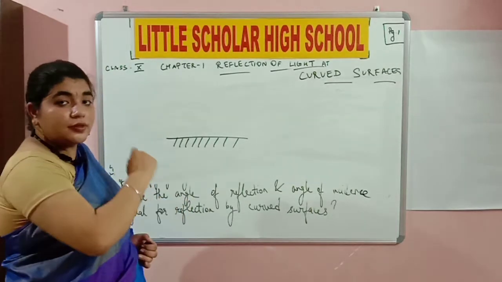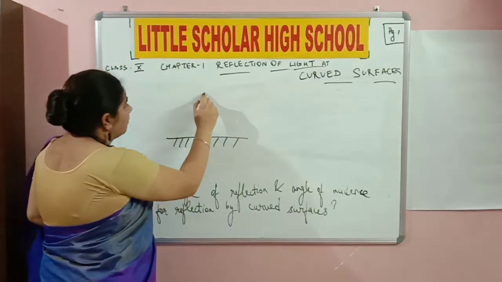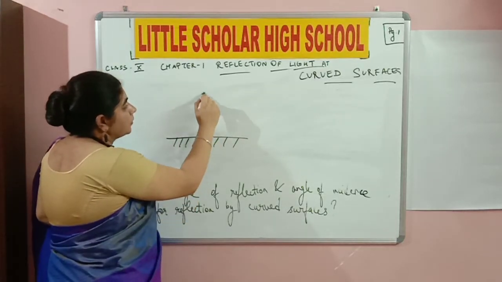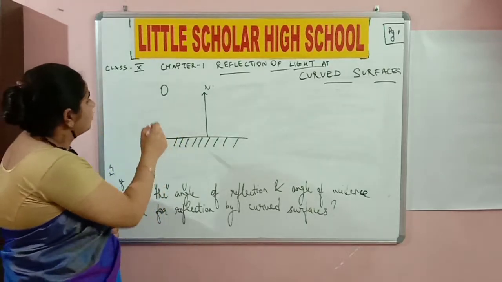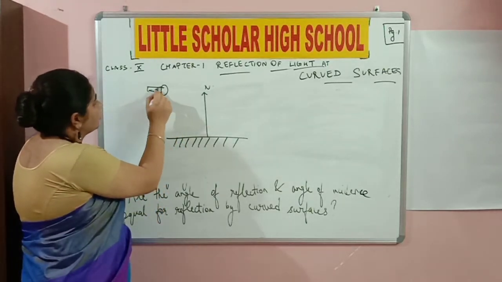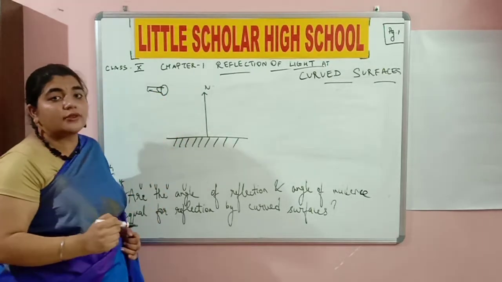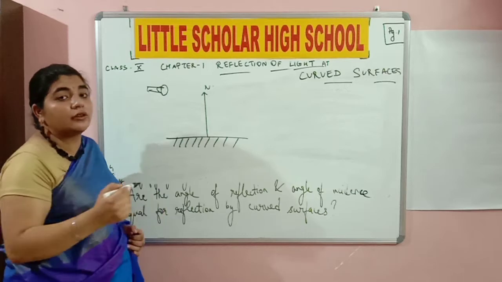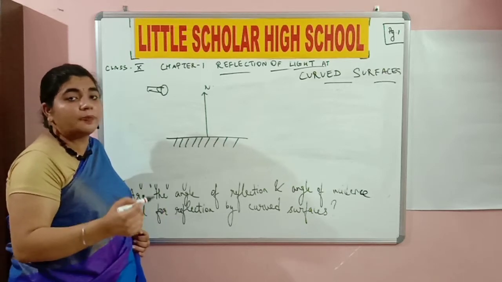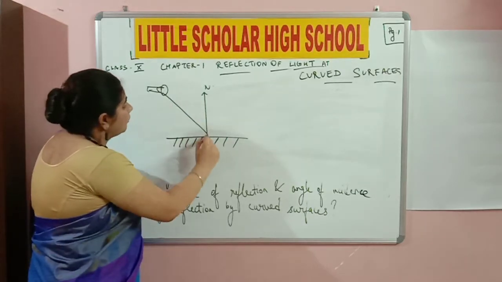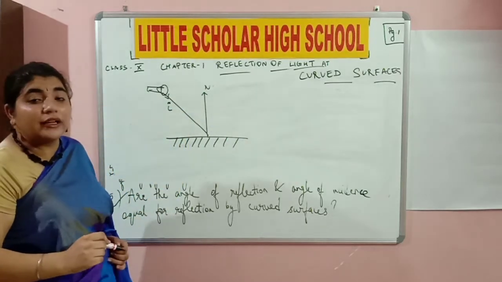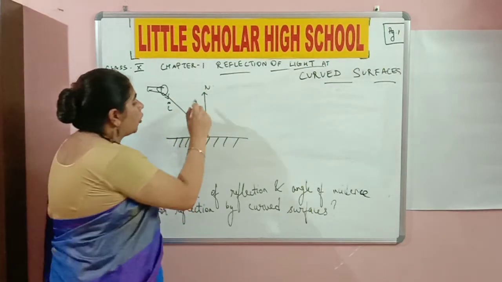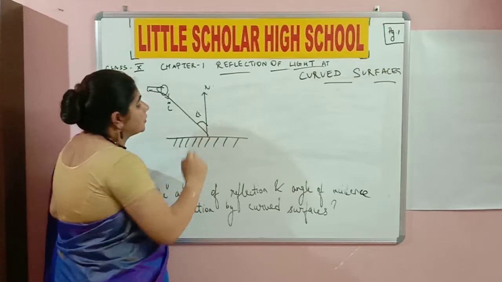So here, if this is the plane surface and I draw a perpendicular to it, which is going to be the normal, and I have a torchlight which is going to project the light once I switch it on, of course. Once the torchlight is switched on, there will be a ray projected on the plane surface, and that ray will be called the incident ray. Okay, now the angle between the incident ray and the normal is going to be my angle of incidence.